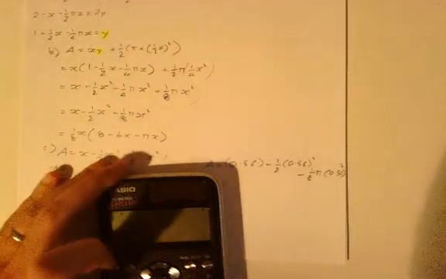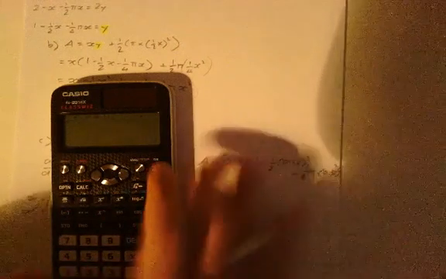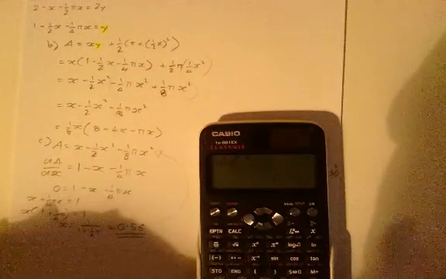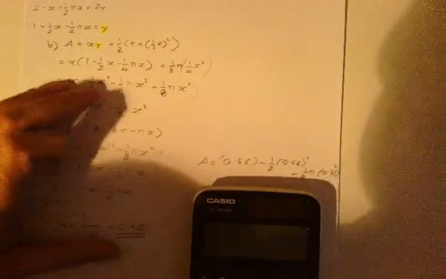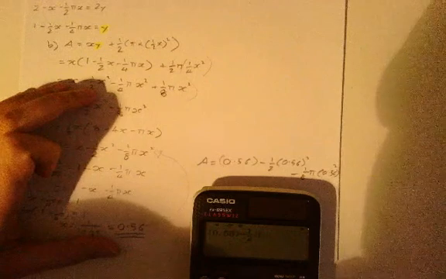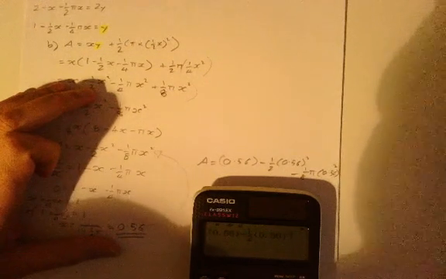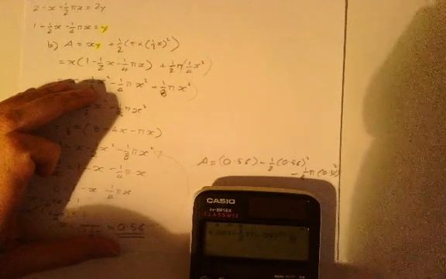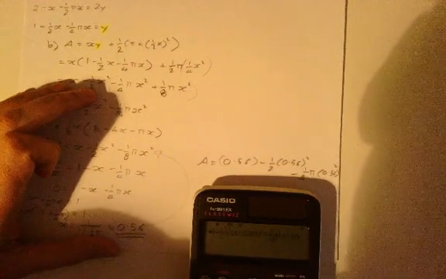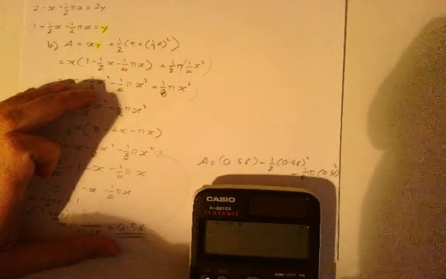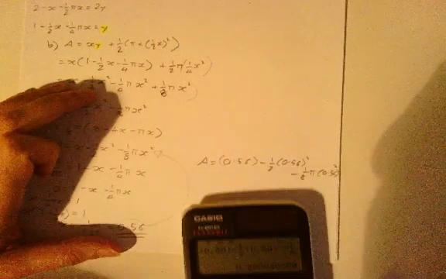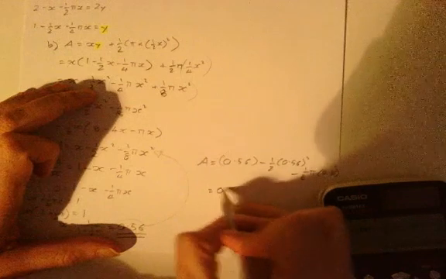So I'm going to do my answer: brackets 0.56 minus a half times 0.56 squared minus an 8th pi brackets 0.56 squared, and that gives me around about 0.28.